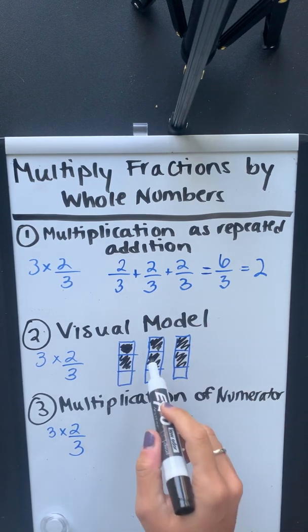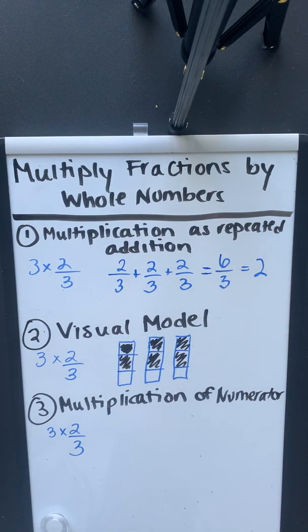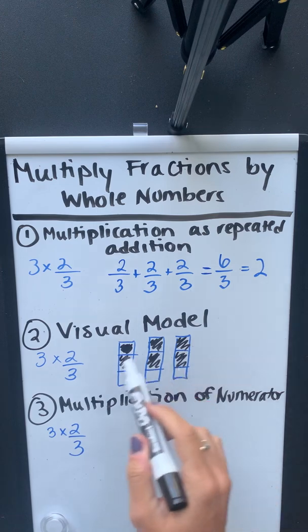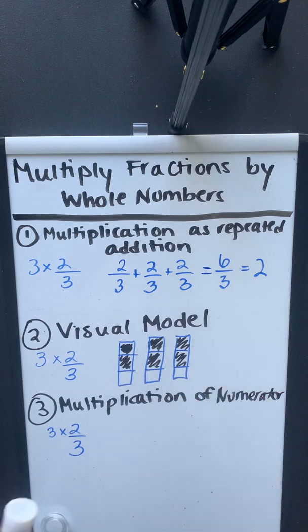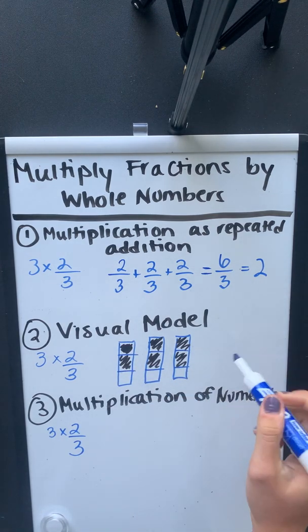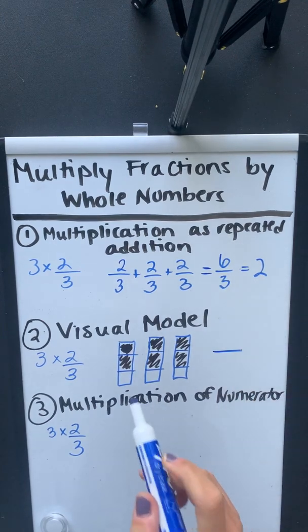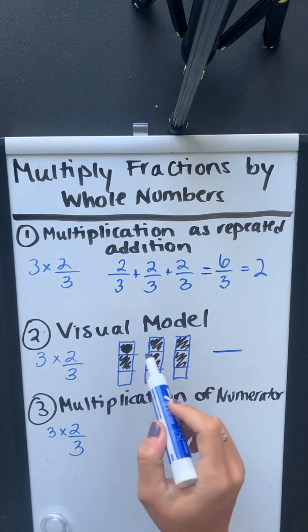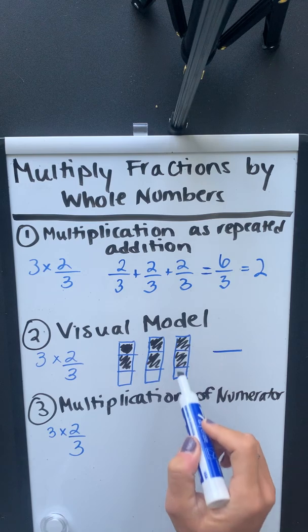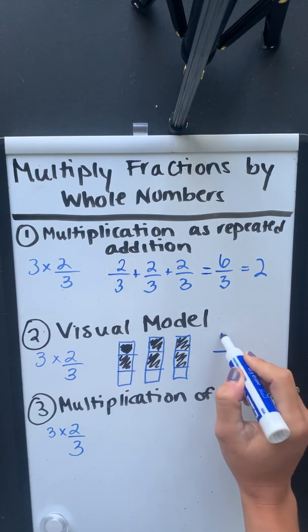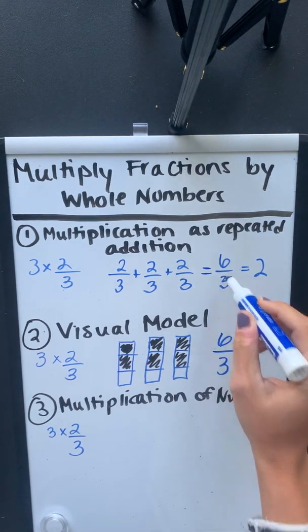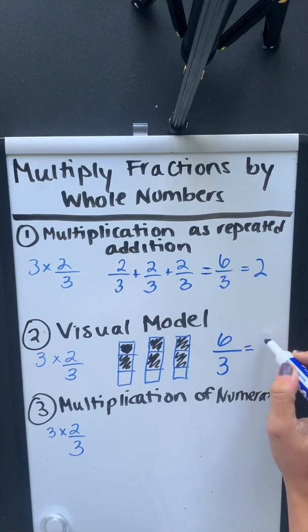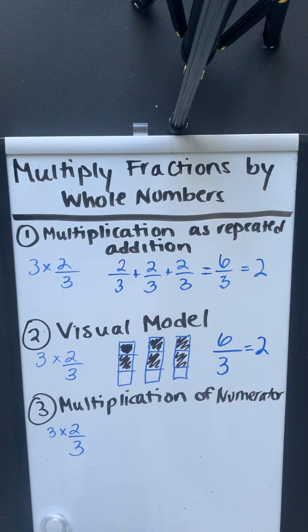These are my 3 groups of 2/3. I can see that in this model, I want to know how many thirds I have total. If I count them up, I have 1, 2, 3, 4, 5, 6 thirds. Notice I get the same answer as above, and I can reduce that to 2. And that is my second way that I can find how I can multiply fractions.